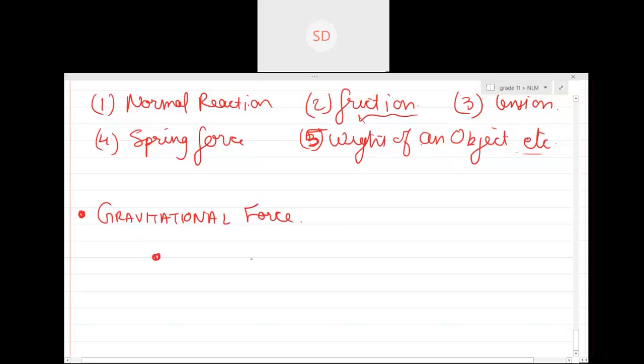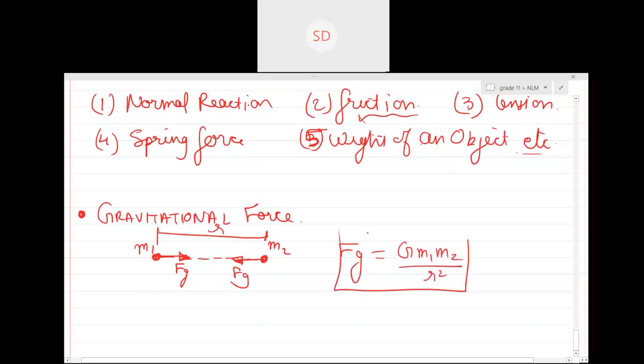Gravitational force is basically this: suppose I have two masses, m1 and m2. By Newton's law of gravitation, they attract each other by a certain force, right? Do you remember Newton's law of gravitation from grade 9? Fg equals G m1 m2 upon r squared. Does anyone remember? Or have you forgotten?